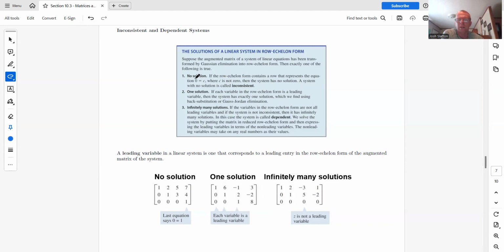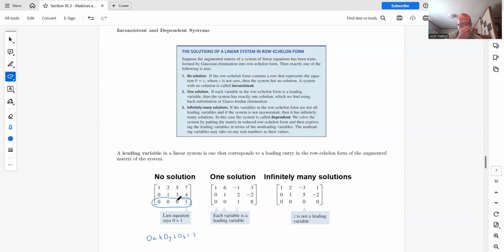No solution is where you end up with 0 equals a non-zero number, essentially. And what that looks like, we can see down here. You get this to row echelon form, and then this row written as the equation would be 0x plus 0y plus 0z equals 1, which obviously has no solution.